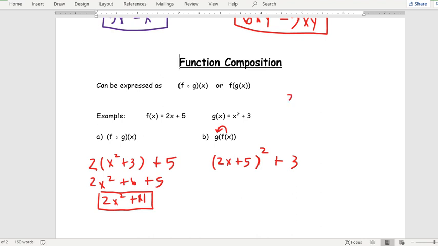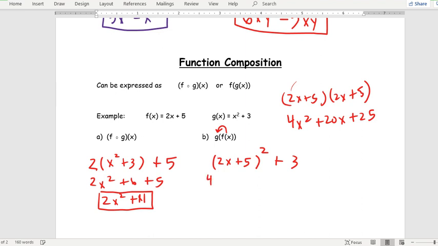I'm going to do a little scratch work up here. So we have 2x plus 5 times 2x plus 5. So 2x times 2x, 4x squared. 2x times 5, 10x. 5 times 2x, 10x. Together, 20x. 5 times 5, 25.